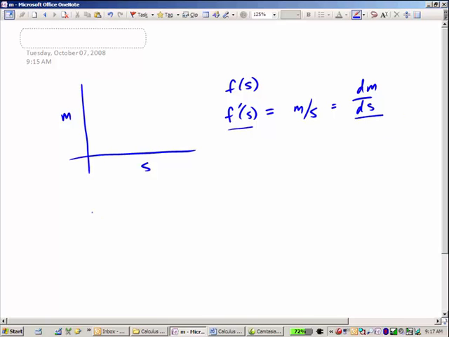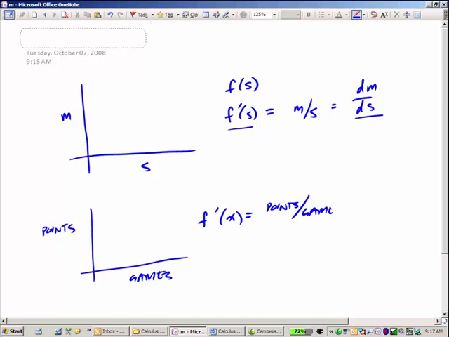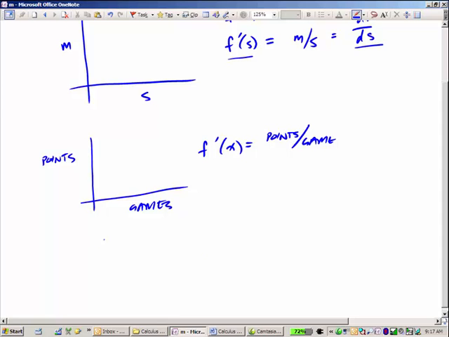All right. If you have points and games, what's the derivative of this function going to be measured in? Points per game. What if you were measuring dollars over years?